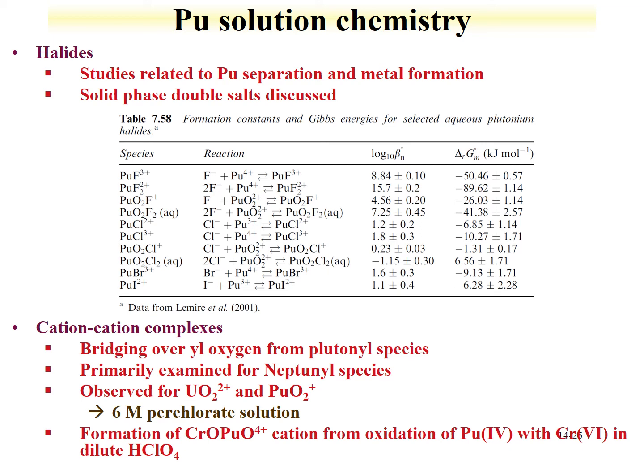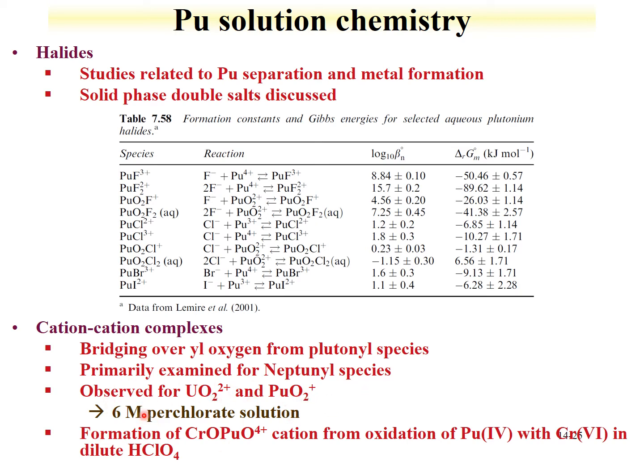Similar to the uranyl species that we discussed, you can have cation-cation complexes using the plutonyl species, plutonium-5, plutonium-6. So you can form compounds that bridge over the yl oxygens. This has primarily been examined for the neptunyl species, but it has been observed between uranium-6 and plutonium-5 in 6 molar perchloric solution.